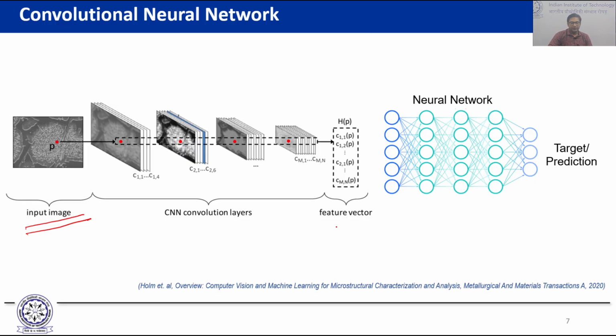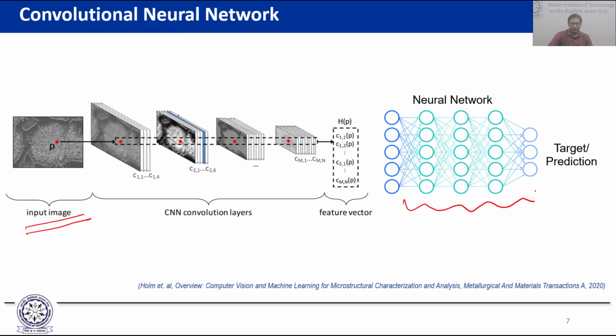And then after that, what you will have is a set of reduced feature vectors. Essentially, you can think that you have flattened out the image now, and from the image you have now gone to the feature vector, and this feature vector is representing the essential microstructural patterns in a very compact form. And now we have something which is ready to be processed by the actual neural network, which comes at the end.